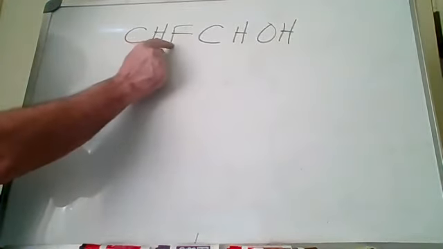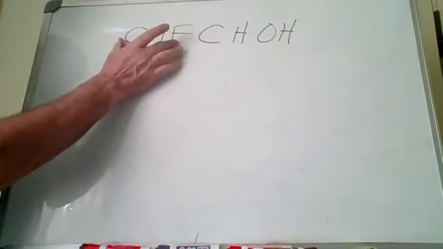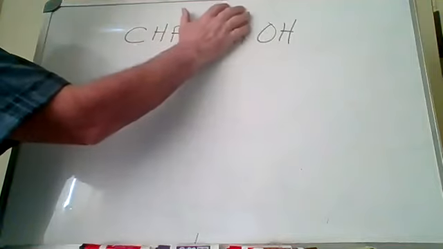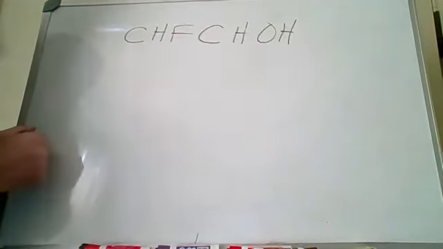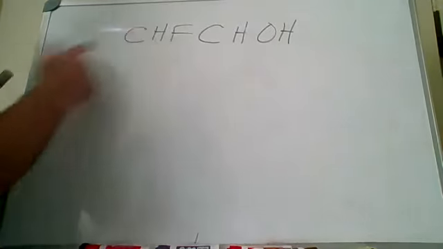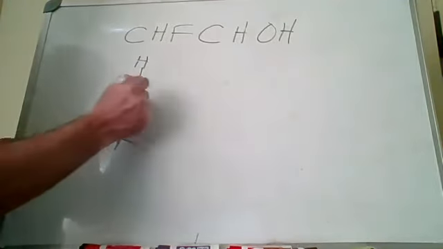Again, fluorine can only make one bond, so this is going to look like CH2. The alcohol group, I have an alcohol there, that can only make one bond, so CHOH is going to look like CH2. All right? So let's go ahead and start over here. I'm going to put the hydrogen up top, the fluorine on the bottom.